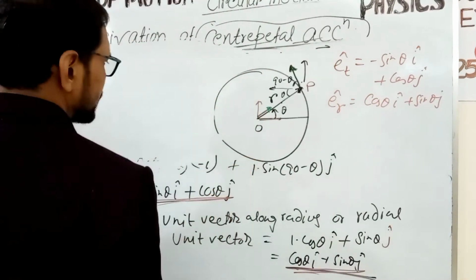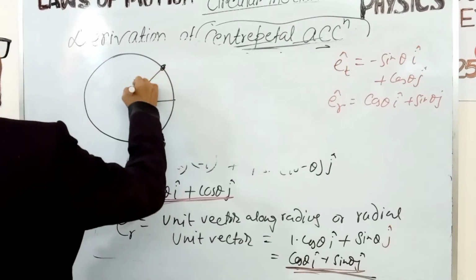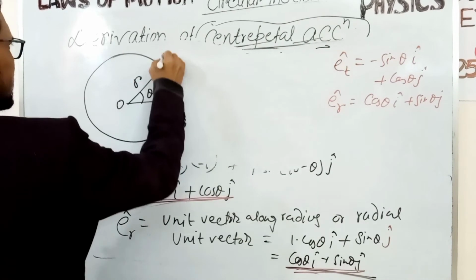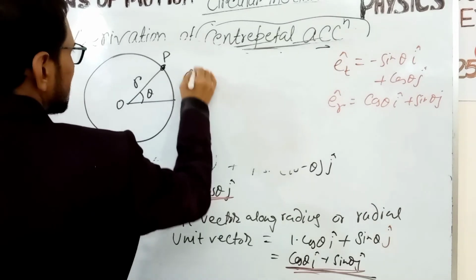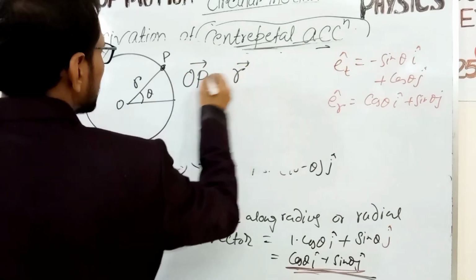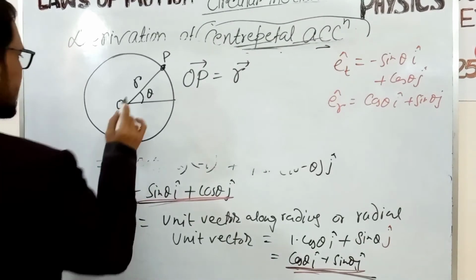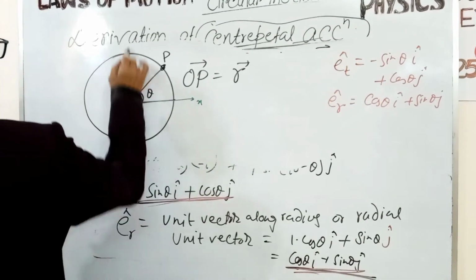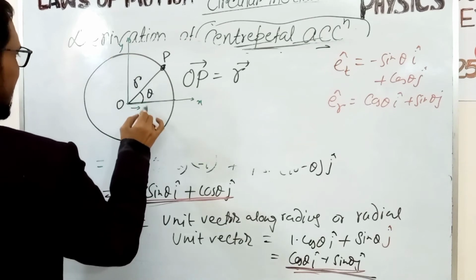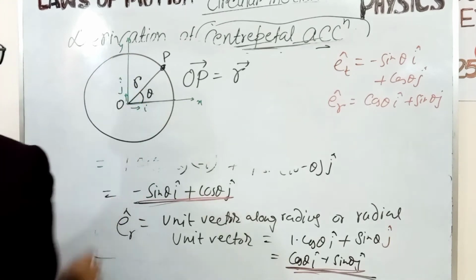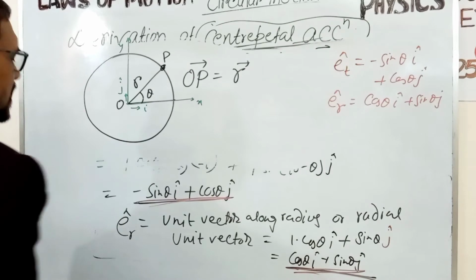Now what is the point P? And this is r. So the OP vector equals the r vector, that is the position vector of the point P. We take this as the x-axis and this as the y-axis, this is unit vector i, this is unit vector j, and so this is the position vector of that point.